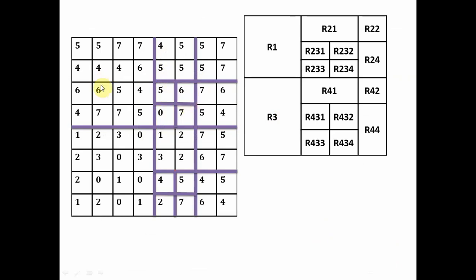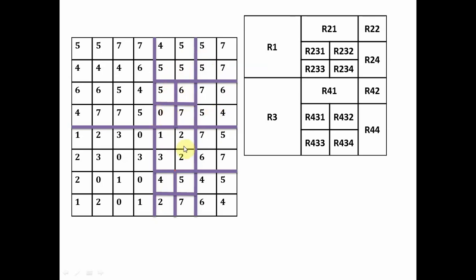So now you have R1, R3, and R2. R2 has been divided into four parts, and out of those four parts, you have again divided the third part of R2, that is R23, into four parts. So R21, R22, R23 is divided again into four parts: R231, R232, R233, R234, and R24.